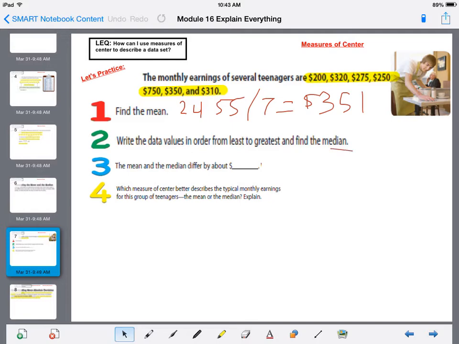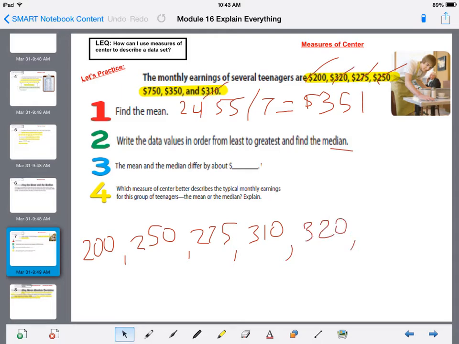The median would be order them from least to greatest. So let's do that. 200, 250, 275, 310, 320, 350, and lastly 750.